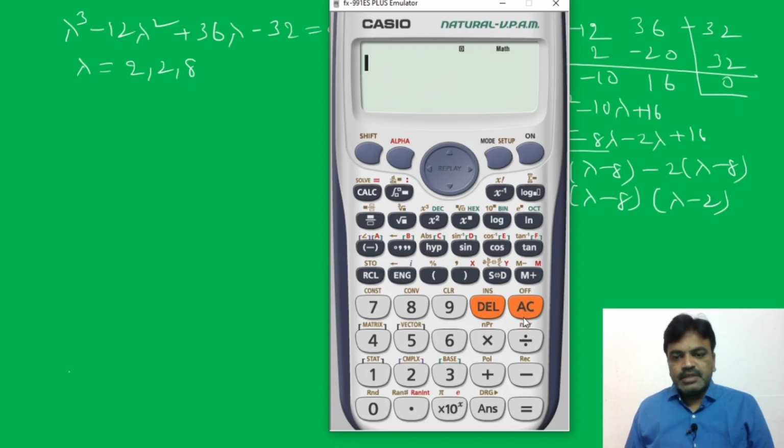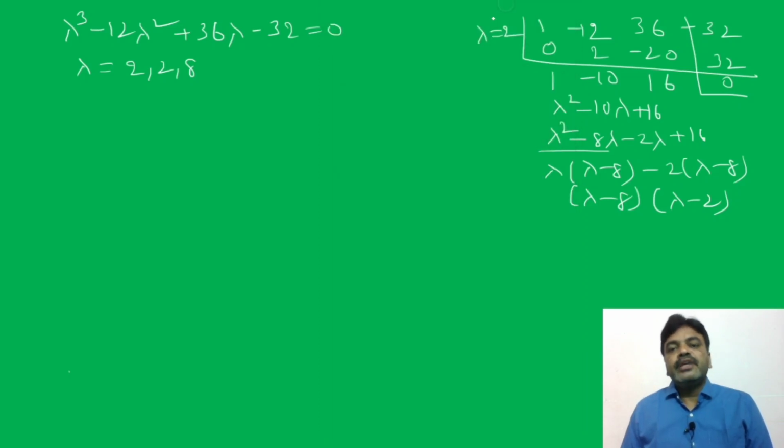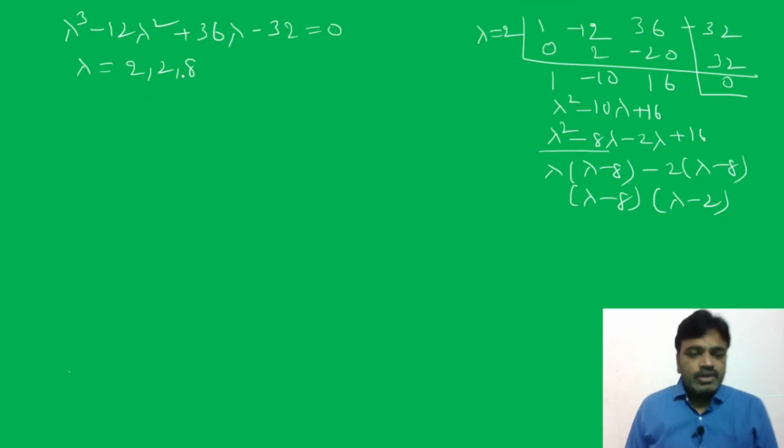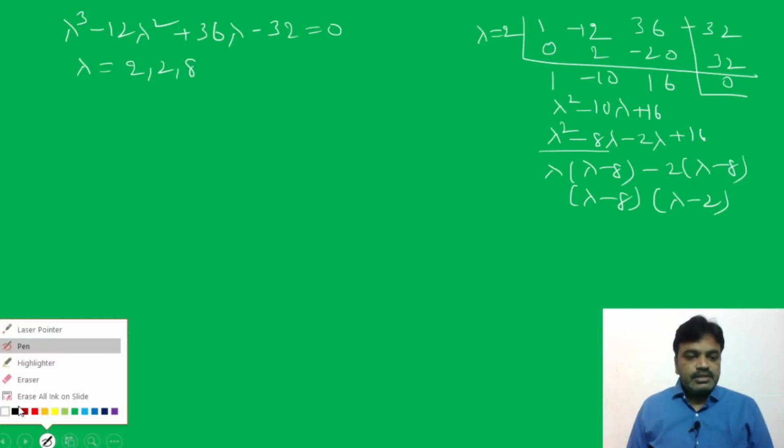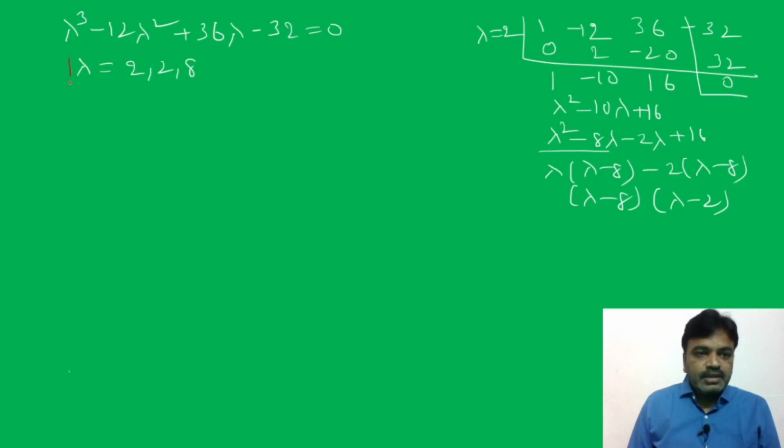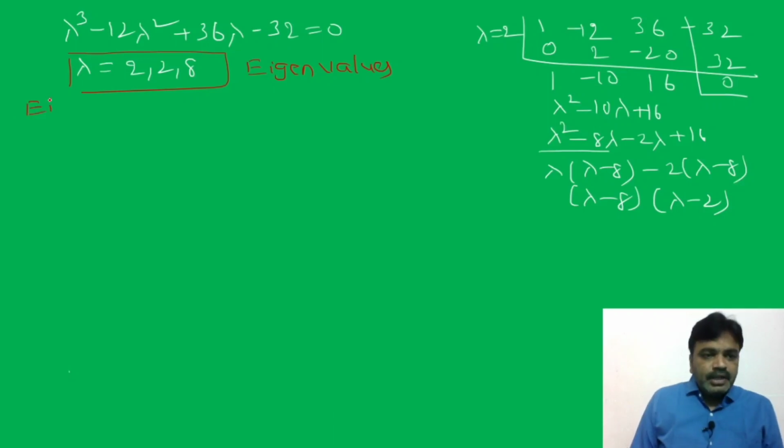In this way, we find the eigenvalues by using the calculator. So this lambda is equal to 2, 2, 8. It is called eigenvalues. Now I want to find eigenvector. So put subheading eigenvector.